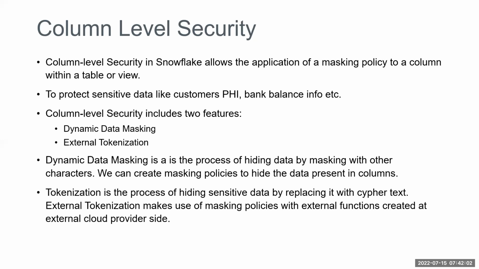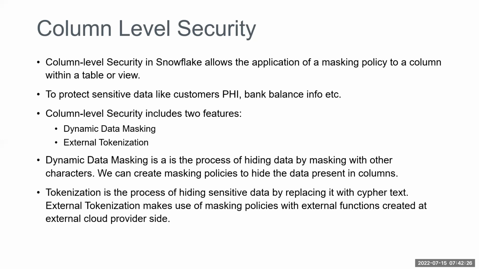In Snowflake, column level security includes two features: one is dynamic data masking and one is external tokenization. We'll mostly discuss dynamic data masking, because we cannot apply external tokenization here. So what is dynamic data masking? It is the process of hiding data by masking it with other characters.